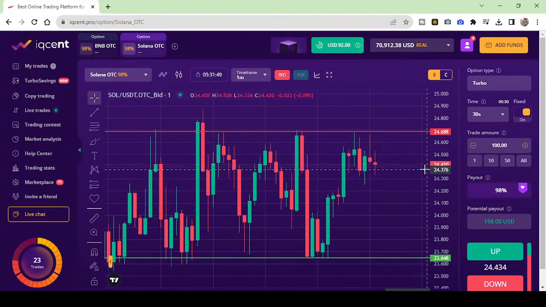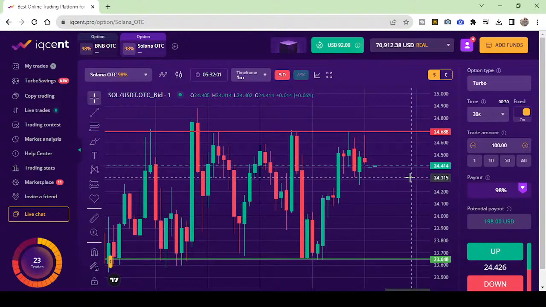It's a weak support over here. Hopefully it holds so we can get a couple more trades up in the top. Let's see. Okay, we are ready to push down.